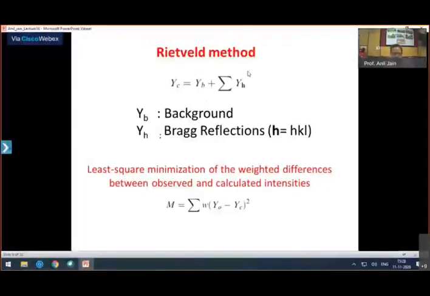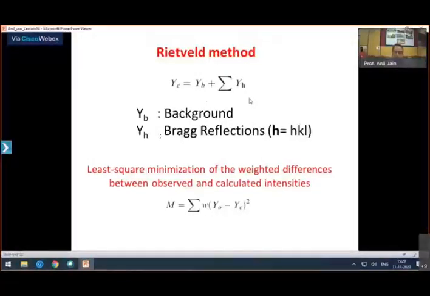So this is, as I told you previously, the refinement method. It is used to refine the crystal structure, not to determine the crystal structure. The idea is one has to do this least square minimization of the weighted difference between the observed and calculated intensity. Observed intensities at each point, like 2 theta steps of 0.05, you have from the experiment, and you try to calculate the intensity depending on your initial model.